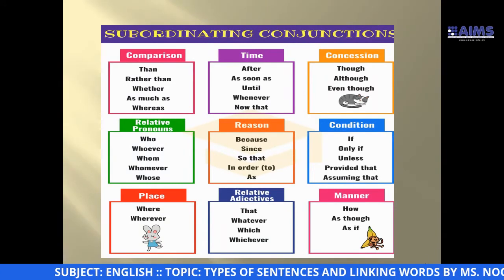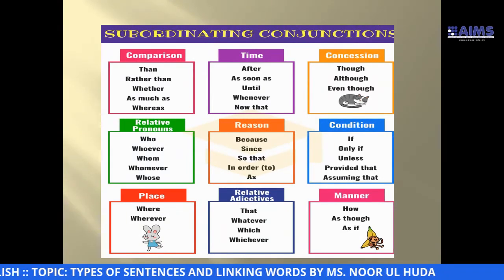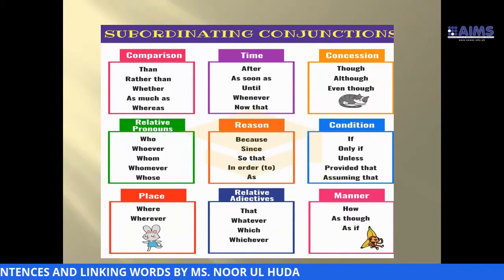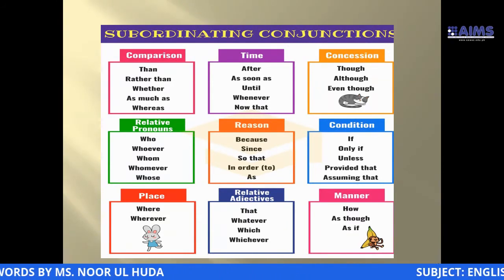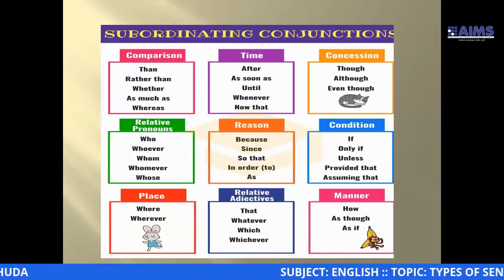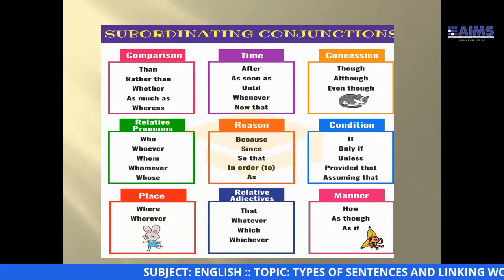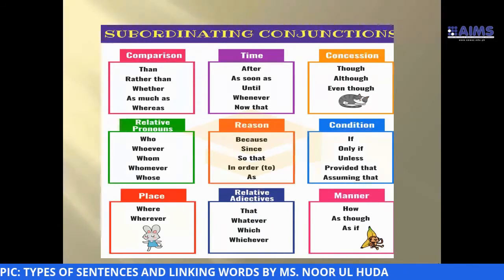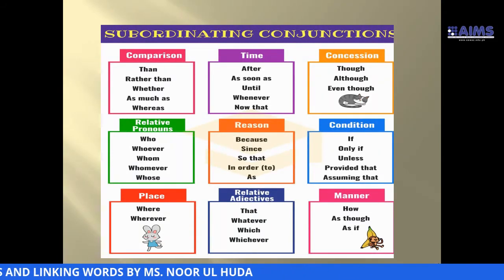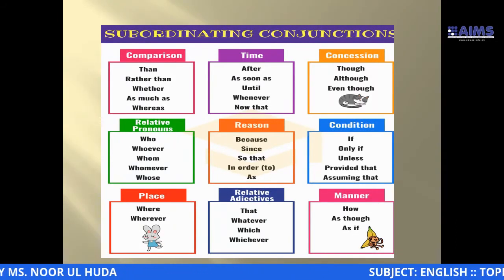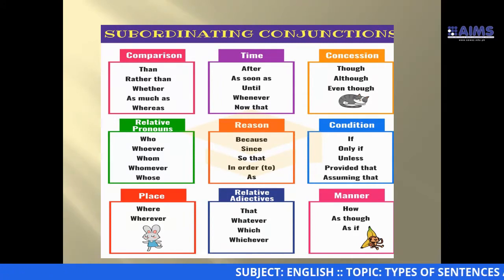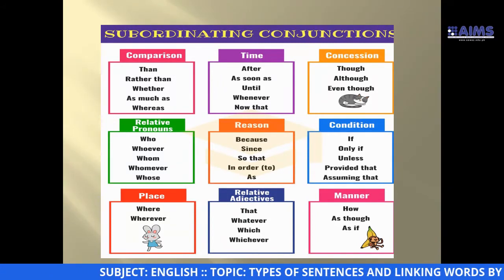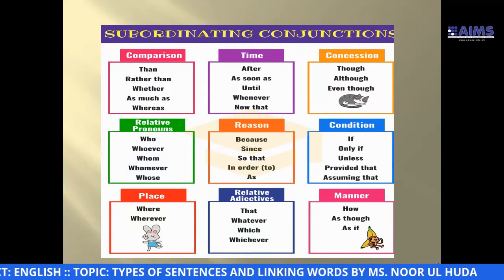To show place, where, wherever. Relative adjectives: that, whatever, which, whichever. And manner, to show how: as though, as if. So these are the different subordinating conjunctions we use when making an independent clause into a dependent clause to form a complex sentence.